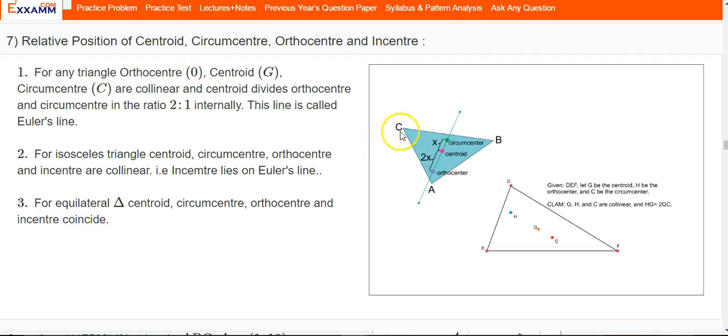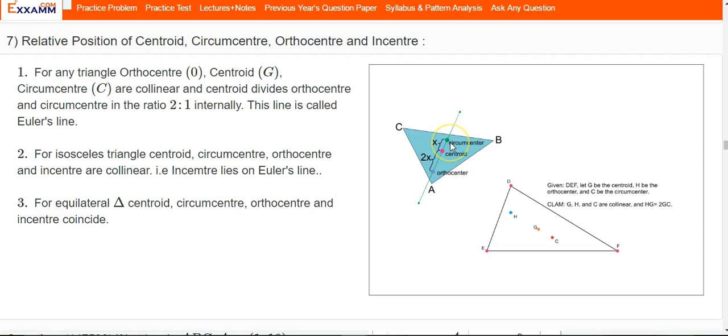We know that for any triangle, the centroid, orthocenter and circumcenter are collinear, and the centroid divides the line joining the orthocenter and circumcenter in the ratio 2:1. That is, the centroid is nearer to the circumcenter and farther from the orthocenter, and lies in between.